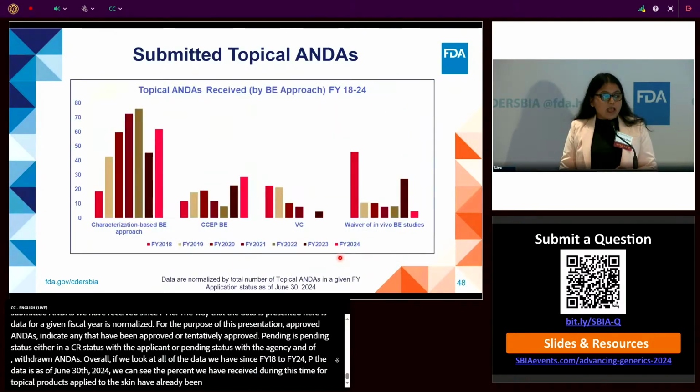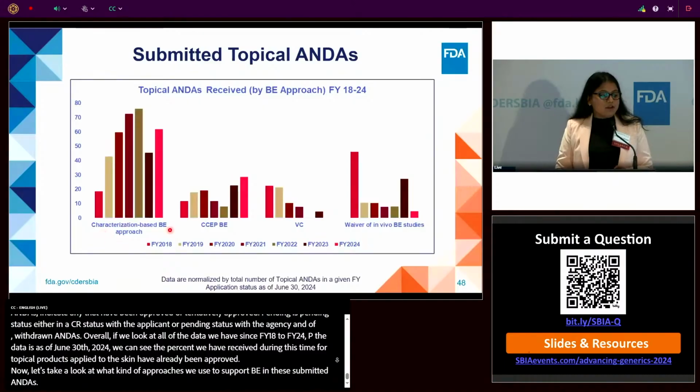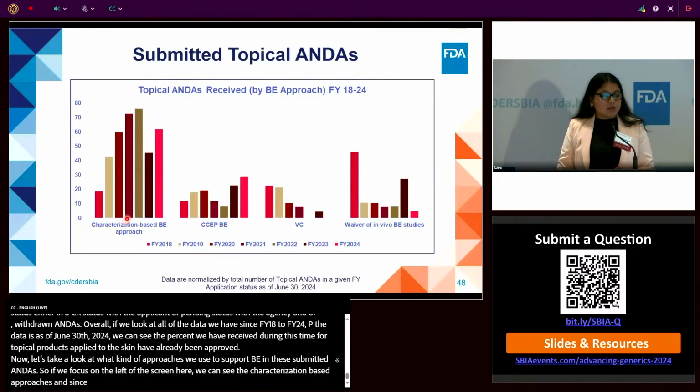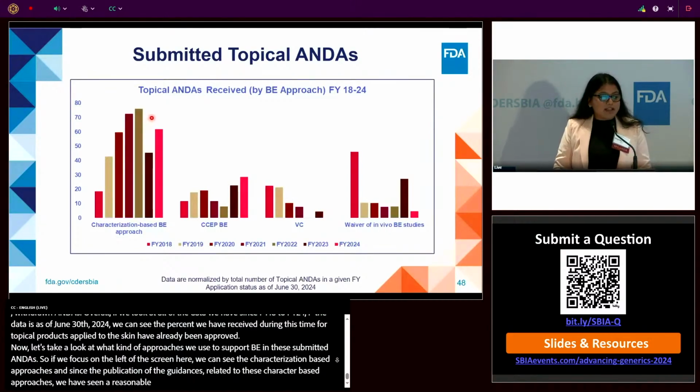Now let's take a look at what kind of approaches were used to support BE in these submitted ANDAs. So if we focus on the left of the screen here, we see the characterization-based approaches. And since the publication of the guidances related to these characterization-based approaches in the FY18-19 timeframe, we have seen a reasonable increase in the number of ANDAs that have utilized characterization-based approaches to support BE.